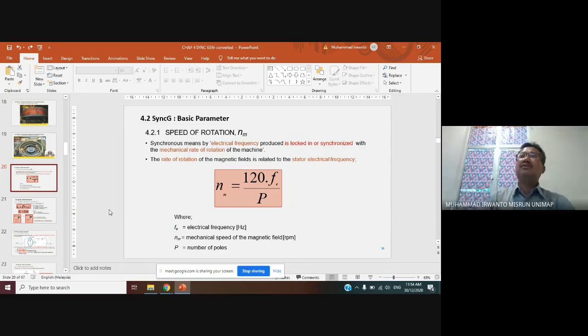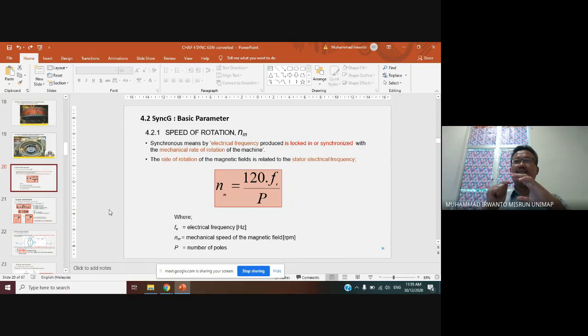Okay, I repeat again. When the rotor moves and the rotor winding is connected to the DC voltage source, current flows and produces the rotating magnet.